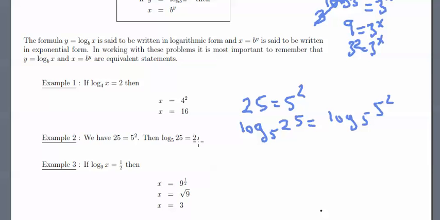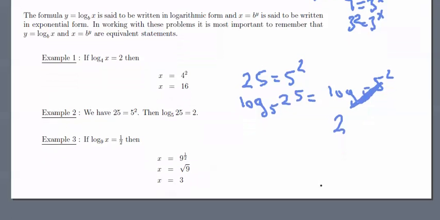Remember, exponentials and logarithms are opposite functions. Therefore, if I take the log of an exponent, they cancel out, because this is log base 5 and this is 5 to the power of 2. So it just cancels out and you get 2. That's where the 2 comes from. So that's not too difficult, hopefully.